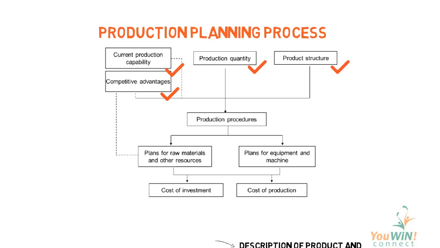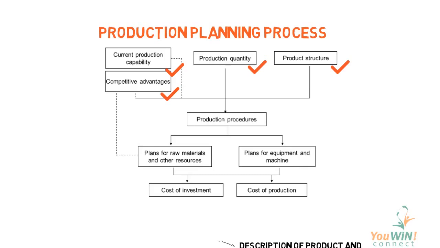Also, all of these factors that have been outlined above, that's the product structure, product quantity, current production capacity, competitive advantages, would influence the production procedures. For example, if we're adopting an outsourcing model, it affects the amount of space that we need within the organization.